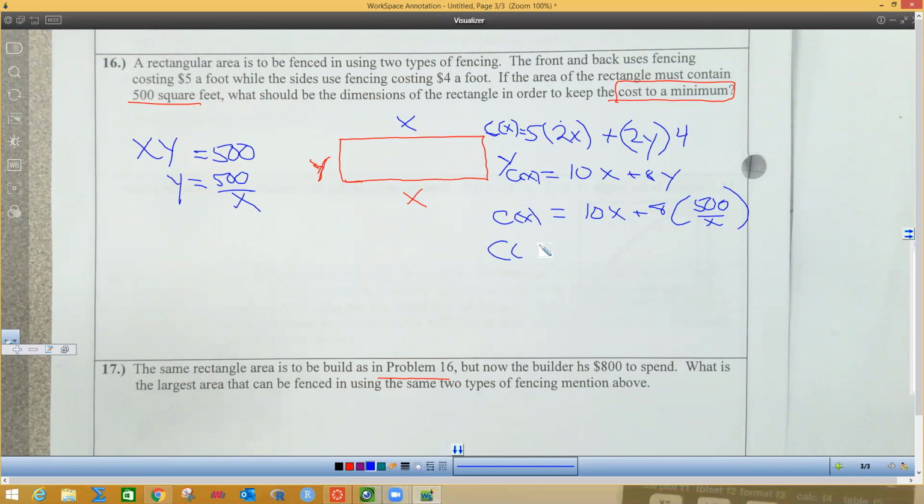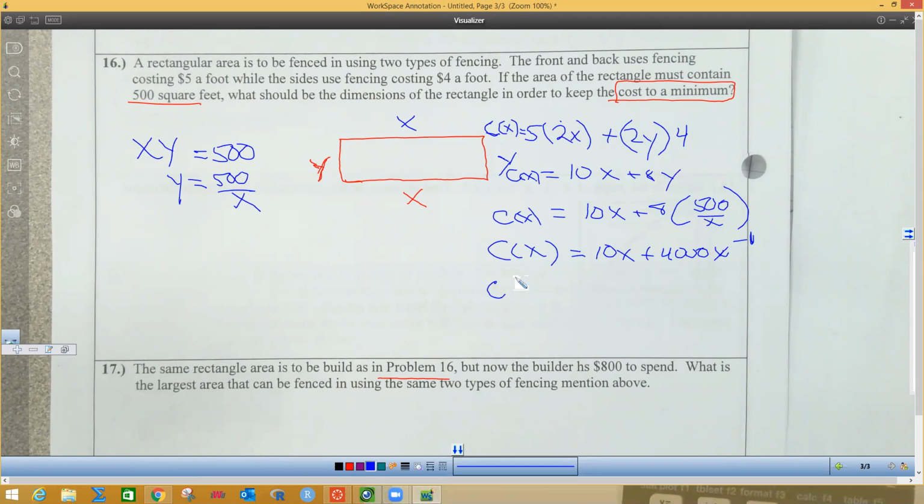When I simplify that before I do a derivative, because again, I want the maximum benefit of area of 500 with the least amount of cost. So this is going to be 10x plus 8 times 500, which I believe is 4,000, over x. I'm going to move that x up to the top because I want to do a derivative here.